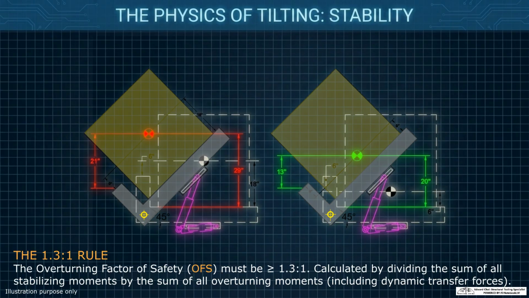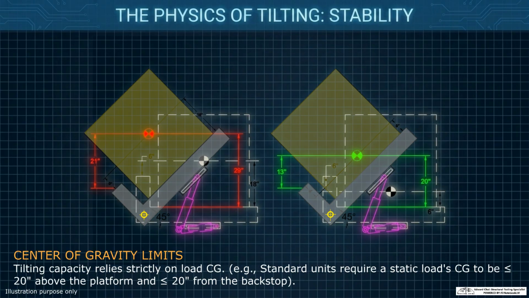That means stabilizing moments must exceed overturning moments, including dynamic transfer forces, by 30% or more. Center of gravity is everything. For standard units, a static load center of gravity must stay within 20 inches above the platform and 20 inches from the backstop. Exceed those limits, and you are operating outside the machine's design envelope.